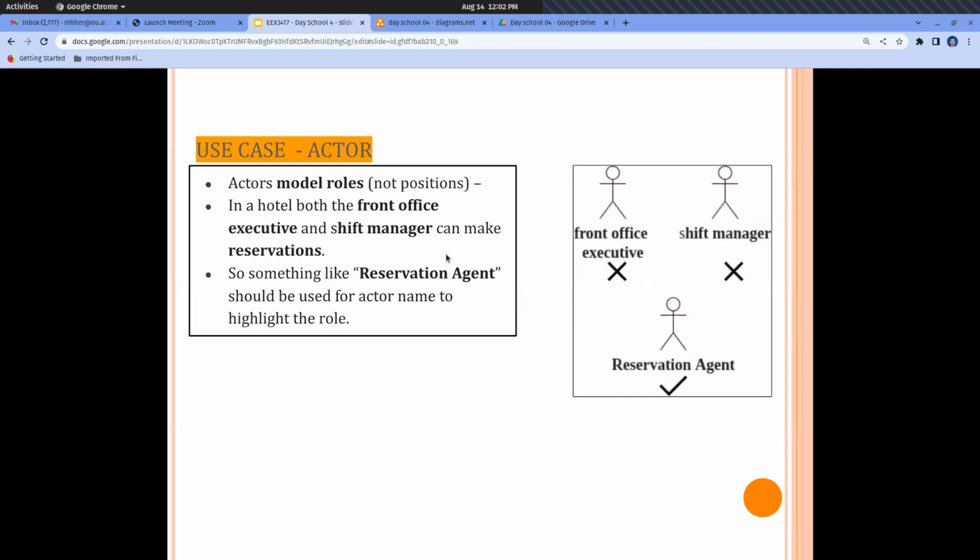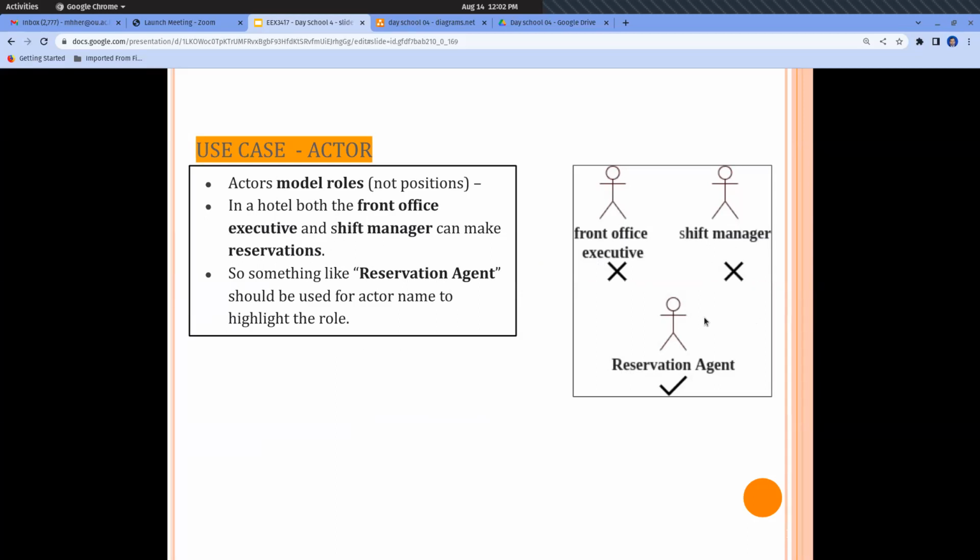Actors model role, not position. When you write names for actors, take front office executive and shift manager. Don't write those. In a hotel booking, the front office executive and shift manager can make reservations.